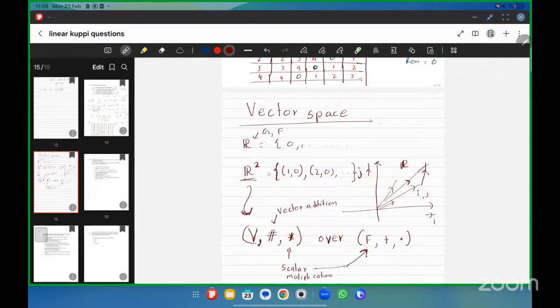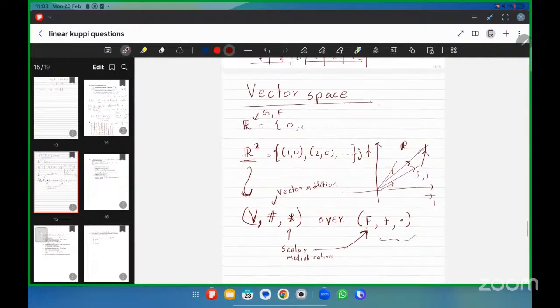Those scalars are from this field F. This is a field, and the plus and the dot are the operations for that field, that set F. These operations are particularly for this F, the sharp is for vector addition, and the star is the thing connecting the vectors and the field both.